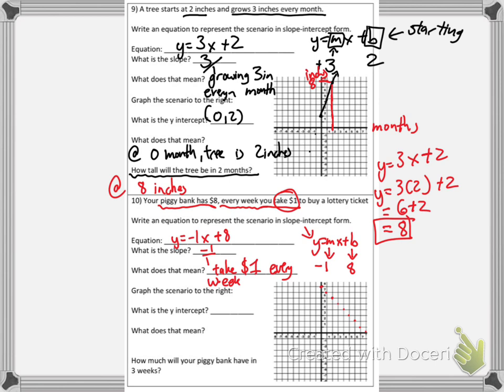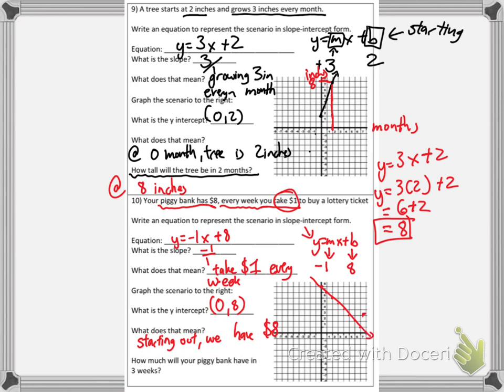What is the y-intercept? Well, the y-intercept is our b value, so we are going to have (0, 8). What does this mean? That means starting out, we have $8. Let's go ahead and connect the dots.